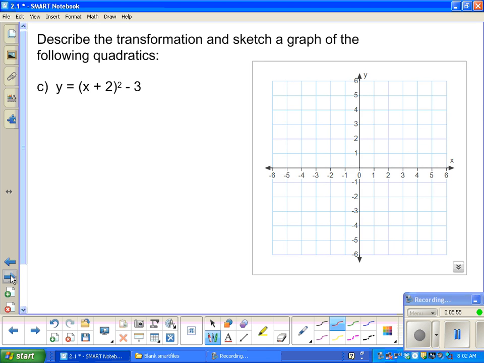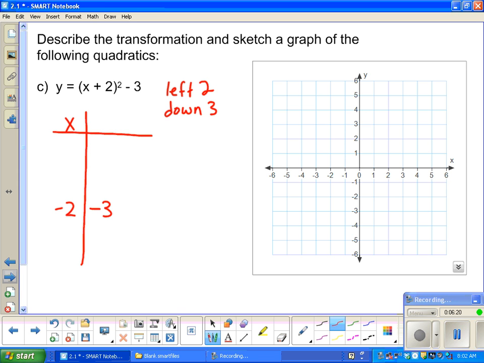Next one, again, describe the transformation. Our transformation is going to shift left 2 and down 3. If I look at my vertex shift, it's going to go to negative 2, negative 3.